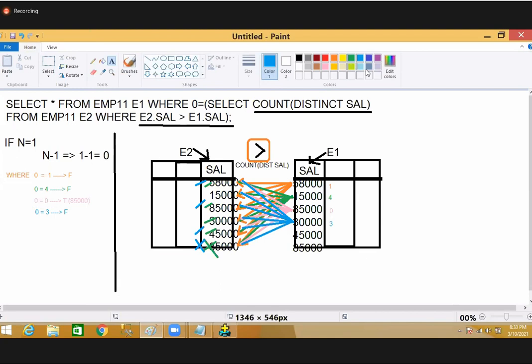Right. In the next level, 45,000 above. Let's compare now. So 45,000 above, you can compare here.